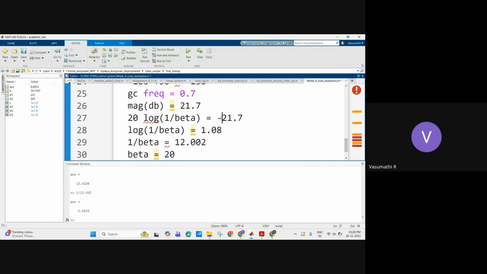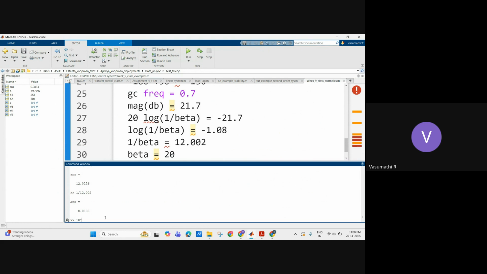So 20 log 1 by beta is minus 21. So log 1 by beta is minus of this. This should be 10 power minus of 1.08. Then this is 1 by 0.08. It's 12.5.